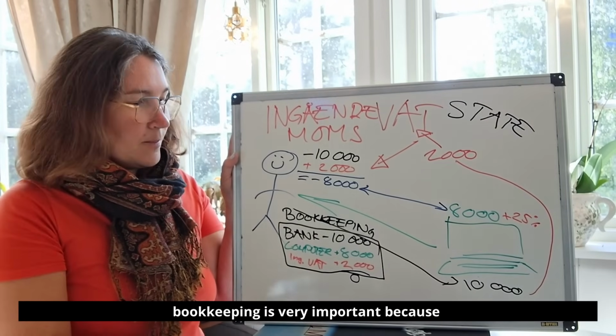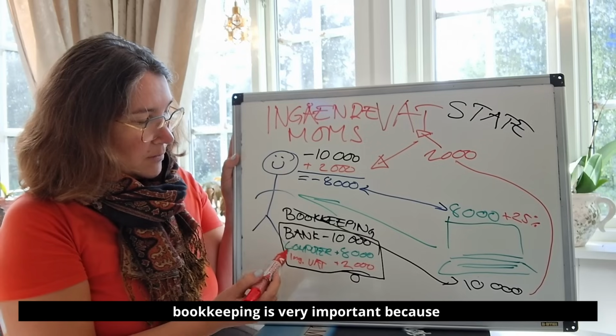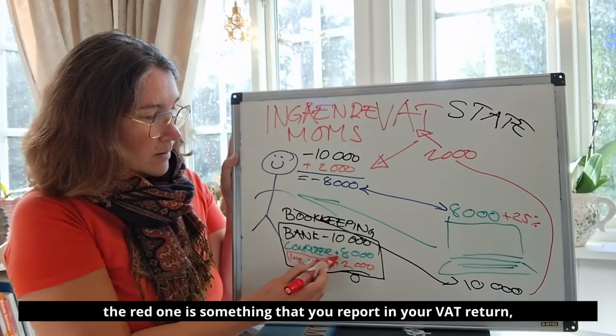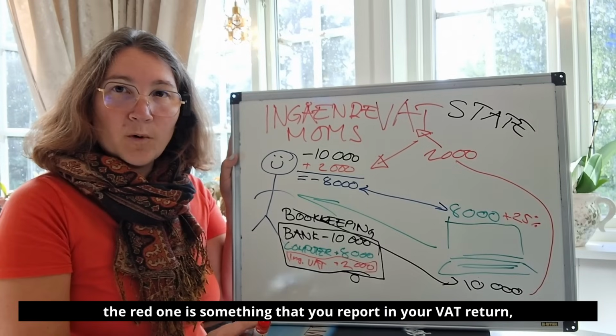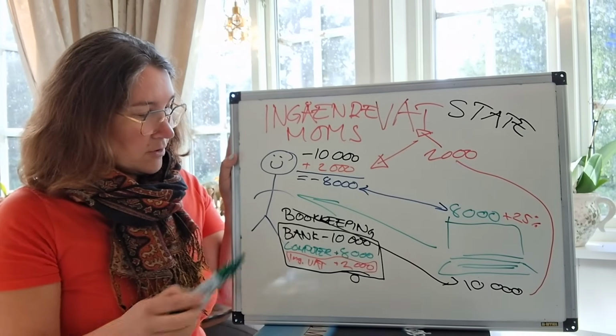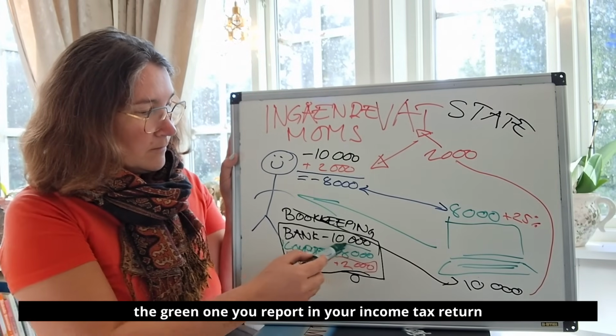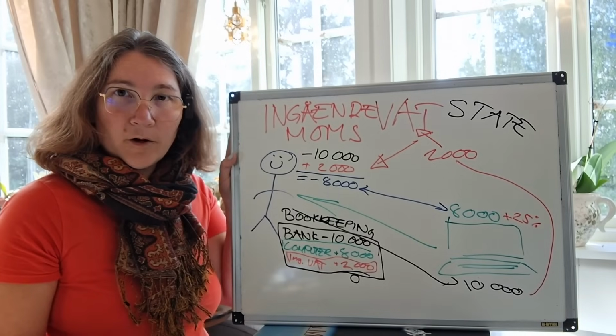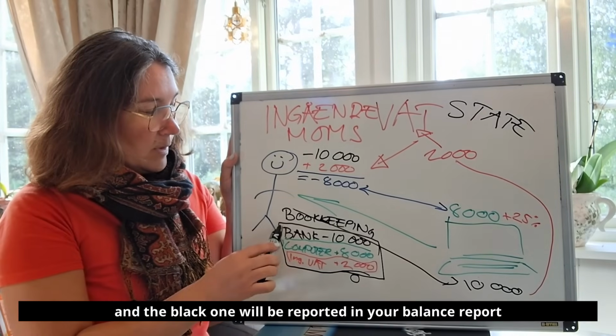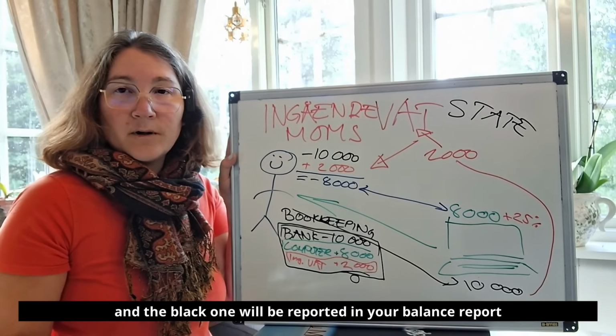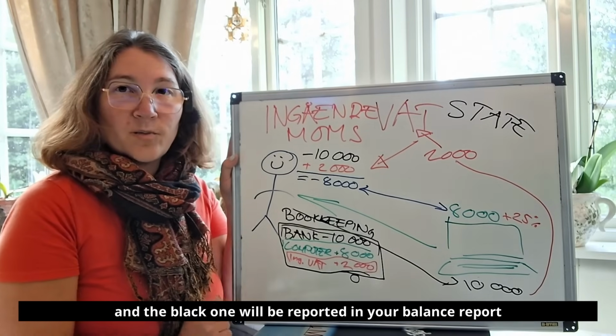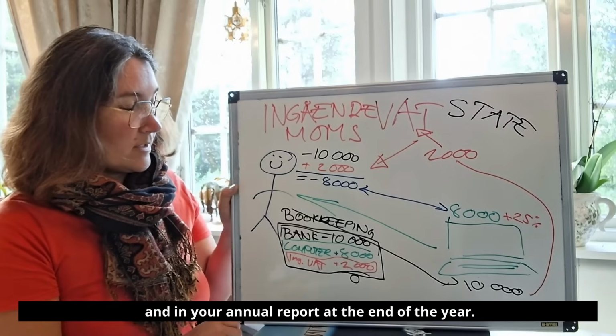Well, we see that the bookkeeping is very important because here, the red one, that is something that you report in your VAT return. The green one, you report in your income tax return. And the black one will be reported in your balance report and in your annual report at the end of the year.